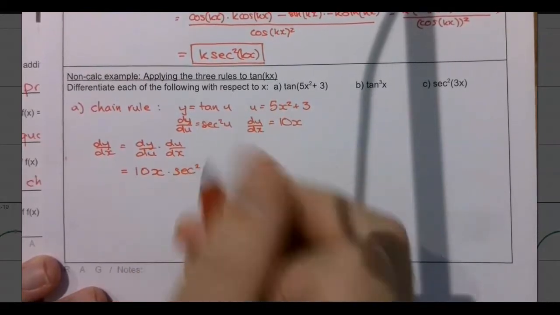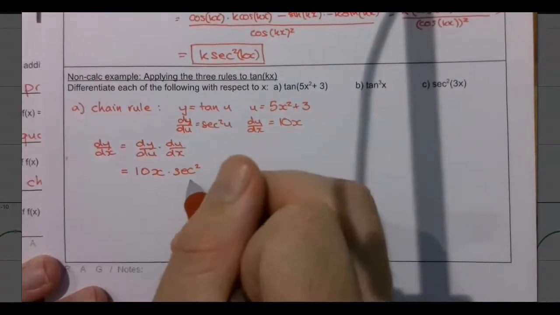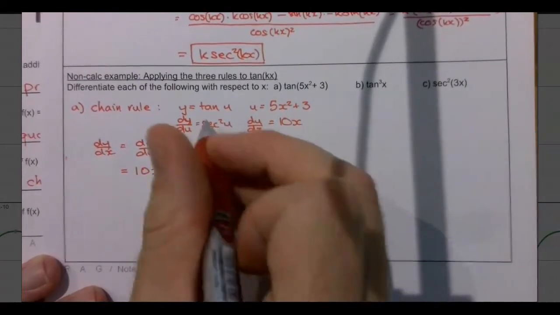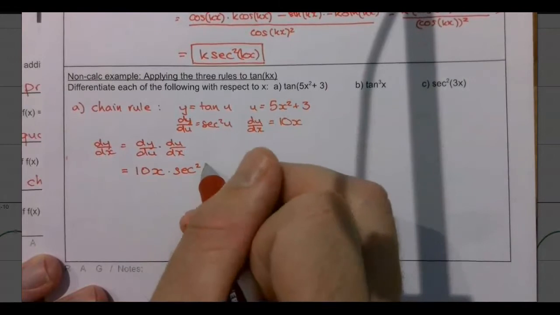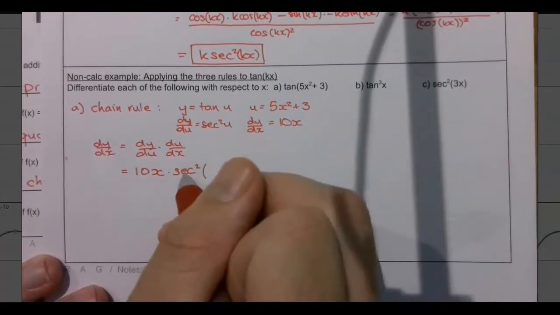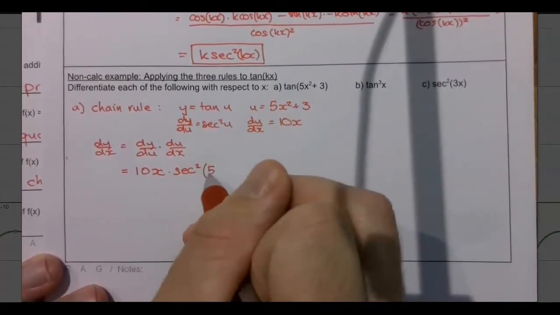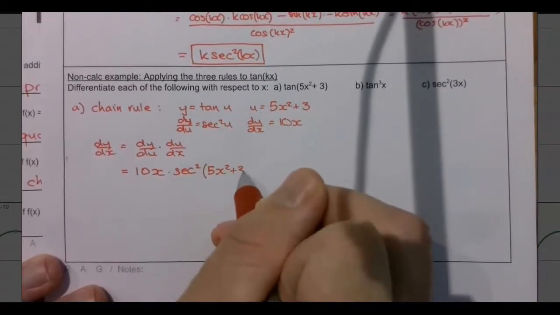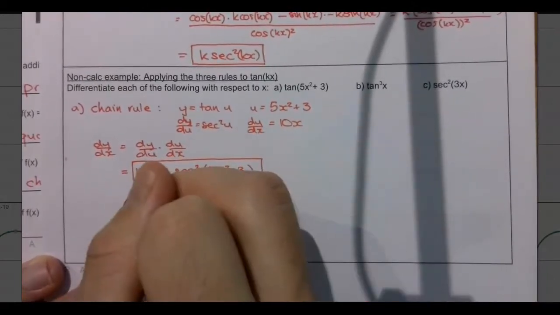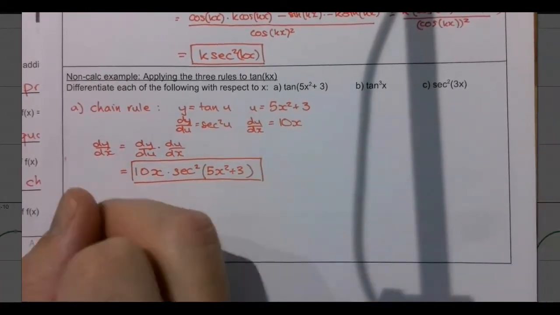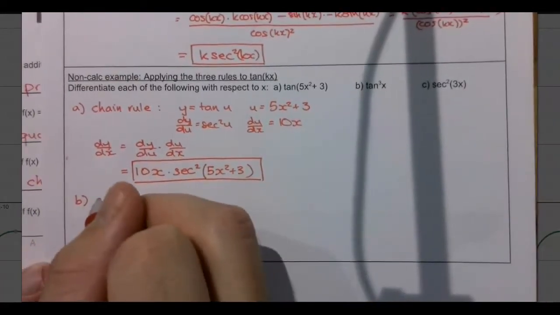But because u is just a dummy variable, and I only introduced it to make solving this easier, what I'm then going to do is substitute back in for x. So sec squared of u is sec squared of 5x squared plus 3, and that is my solution. Okay. Part B.